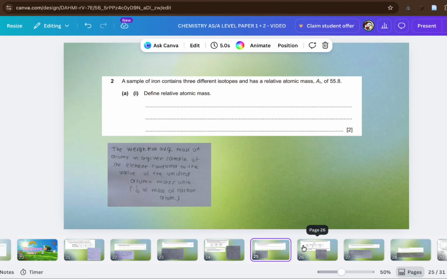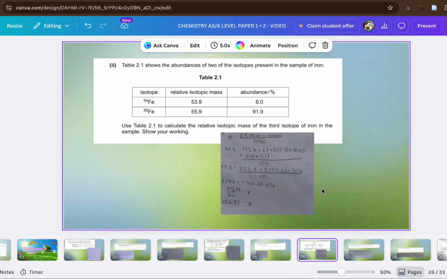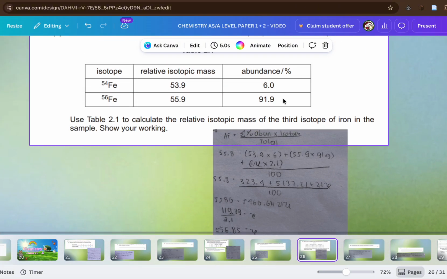We are given the atomic mass from the previous question, which is 55.8. Just like we did before, first we find the abundance, which is easy. We subtract from 100 because the total abundance is 100. So 100 minus 91.9 minus 6 is 2.1.